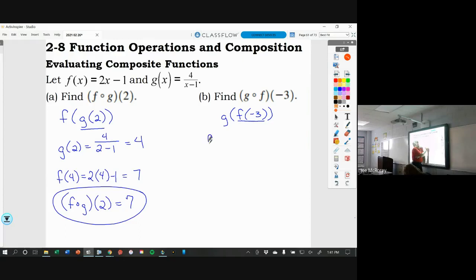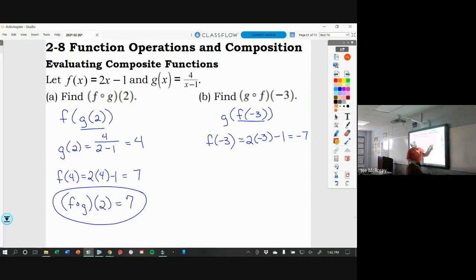I take the f function, which is 2x minus 1, but I'm going to change the x to a -3. 2 times -3 is -6. -6 minus 1 is -7. So f of -3 is -7.